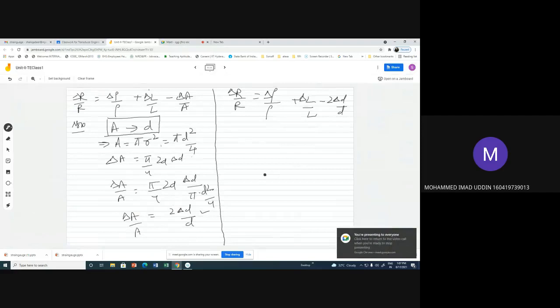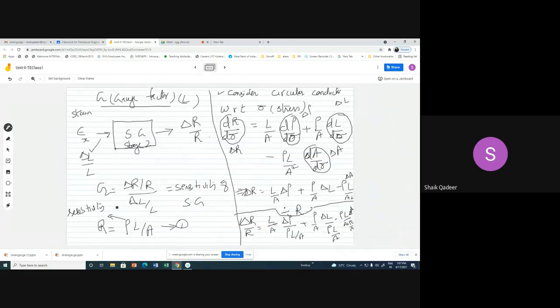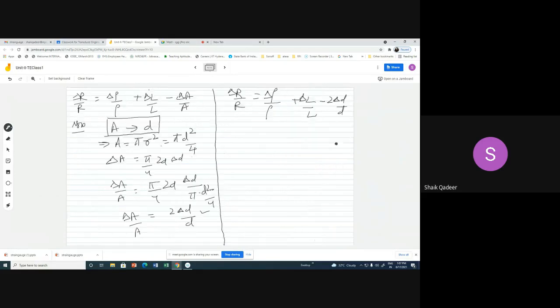Now, in order to get the form delta R by R divided by delta L by L, what we will do is divide this equation by delta L by L. But before that, we want Poisson's ratio to be there in this equation.